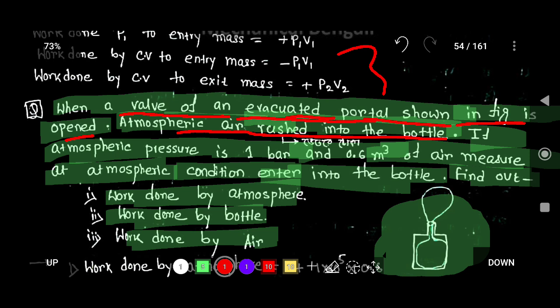First, this system is evacuated, and when you open the valve, the air comes into the system because the outside pressure is large. The atmospheric pressure given is 1 bar and 0.6 meter cube of air measured at atmospheric condition enters into the volume. So the volume which enters into the bottle is 0.6 meter cube.